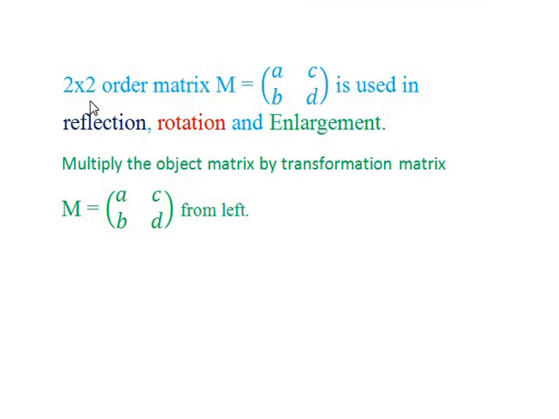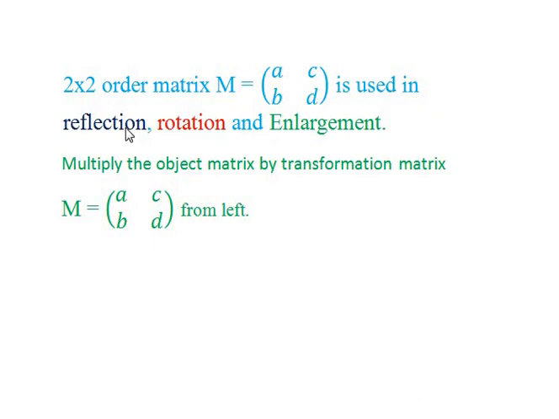Now we discuss the 2 by 2 order matrix M, (a, b, c, d). This 2 by 2 order matrix is used in reflection, rotation, and enlargement. The values of a, b, c, d are real numbers, and this matrix can be used to transform the object to find the image.